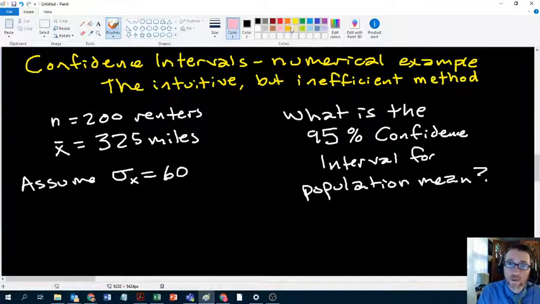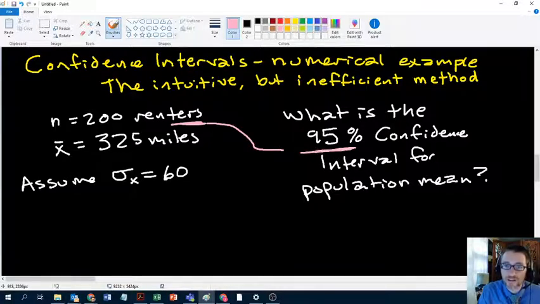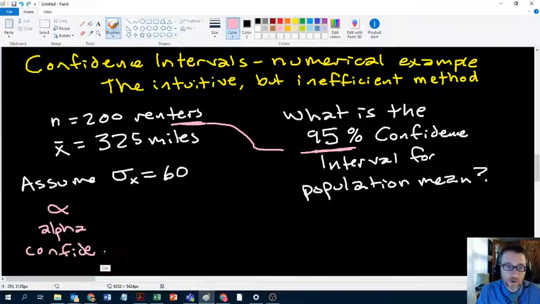We have to make one big assumption, which is to say we have to assume that these people are representative, meaning that they fall within the middle 95% of all samples. That's what that 95% is. We denote it with an alpha. It's called the confidence level. And what it says is we have to make some assumption about this.